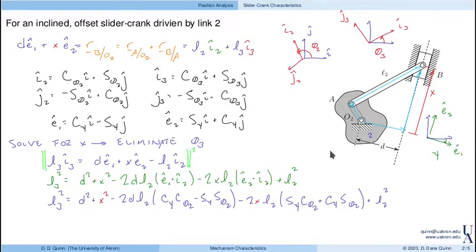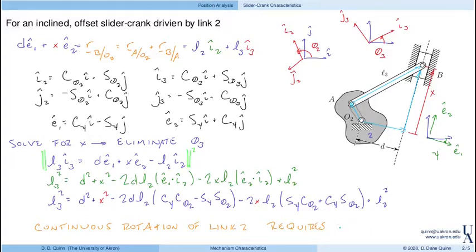I will point out that continuous rotation of link 2, so that's the input link. So in order for this input link to make a complete rotation, it requires a little bit of geometry.